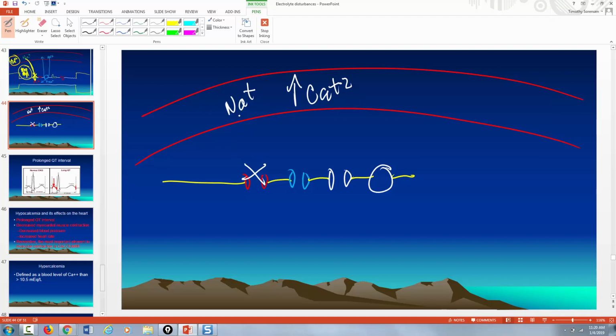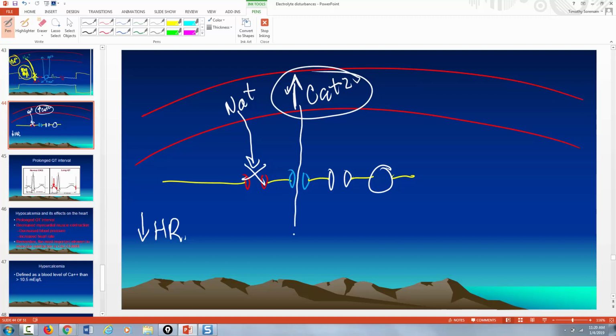And in order for the heart to fire, to produce a heartbeat, sodium's got to leak in. So if high levels of calcium block sodium channels in the heart and nerves, then that's going to decrease your heart rate. But what's the most important element in muscular contraction? Calcium. So the calcium is higher in the blood.